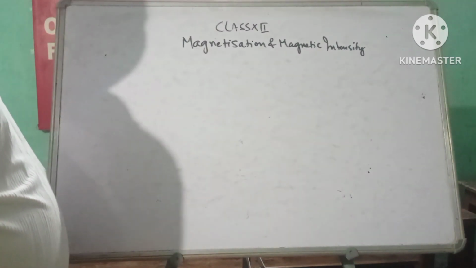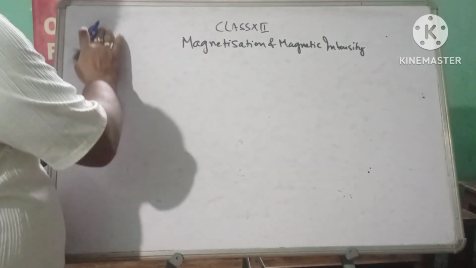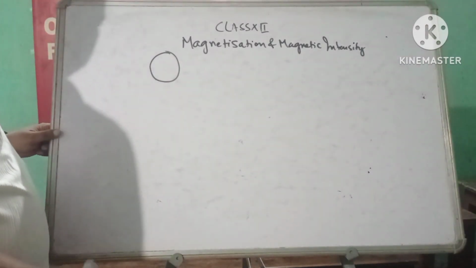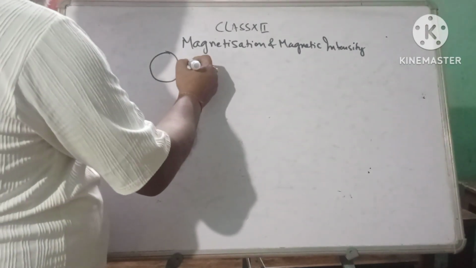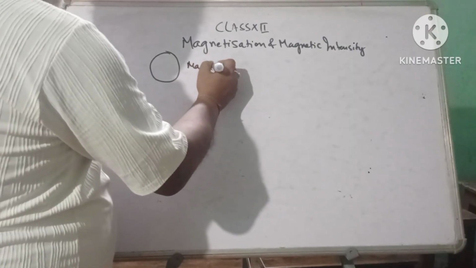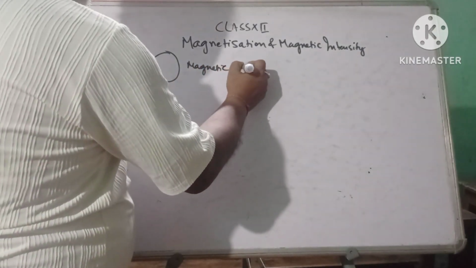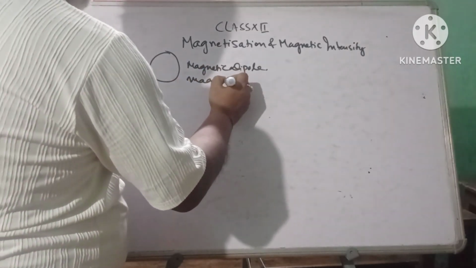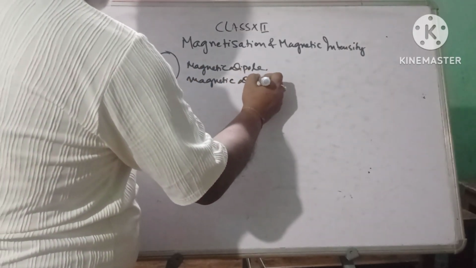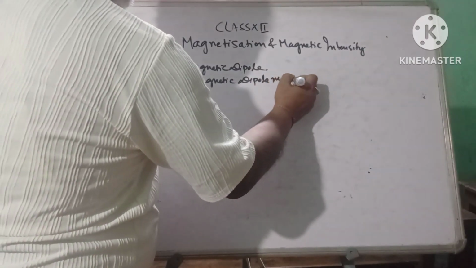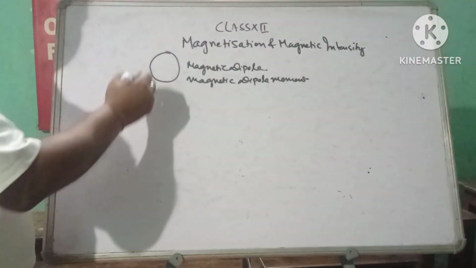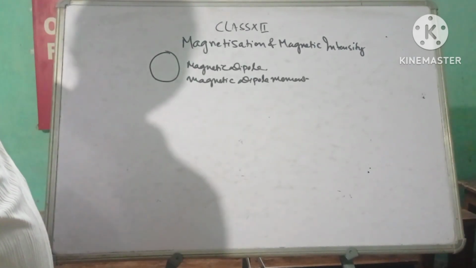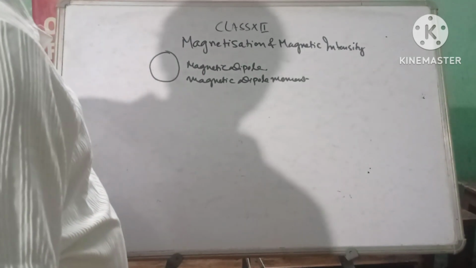So here the most important thing is that a current carrying loop is a magnetic dipole, and it has a magnetic dipole moment.